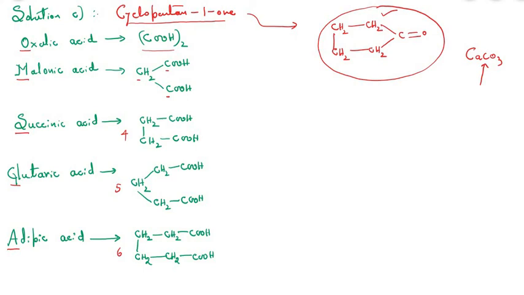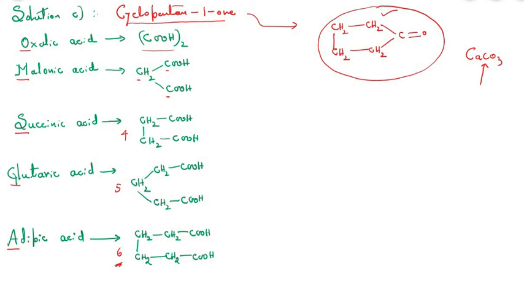We have to understand that when a cyclic compound is to be obtained, then we have to choose one carbon atom greater. Therefore I have to take a 6 carbon dicarboxylic acid in order to obtain cyclopentan-1-one. So let us try to understand how that product is obtained.